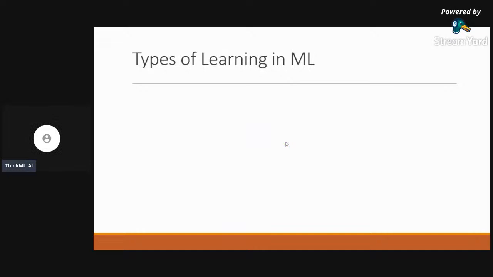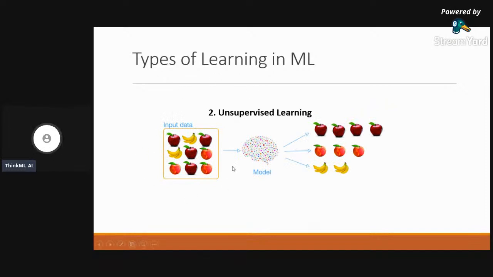The second approach is unsupervised learning, where we don't have annotations. That means the labels are not important, we just have the data. We don't know what category it belongs to, but we can extract the features from each data and segregate it into different categories.